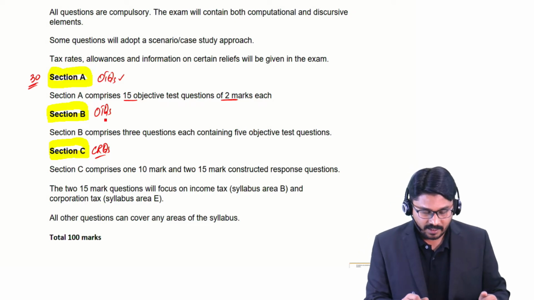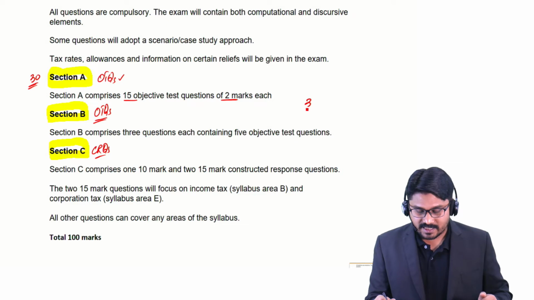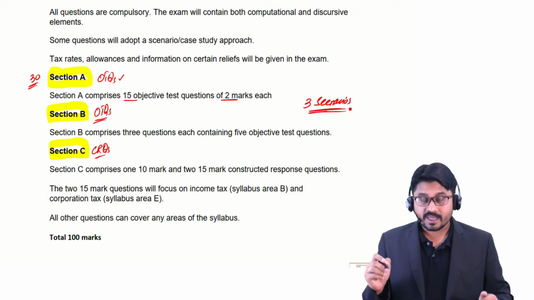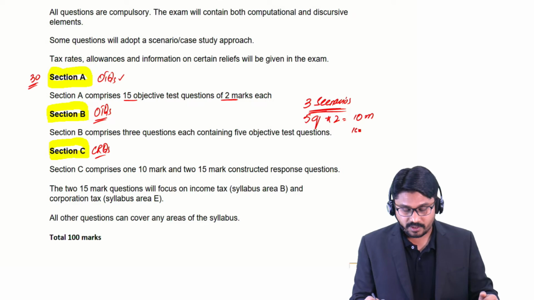In Section B, there are objective test questions, but in the form of 3 scenarios. In each scenario, we'll find 5 questions of 2 marks each: 10 marks for the first scenario, 10 marks for the second scenario, and 10 marks for the third scenario.